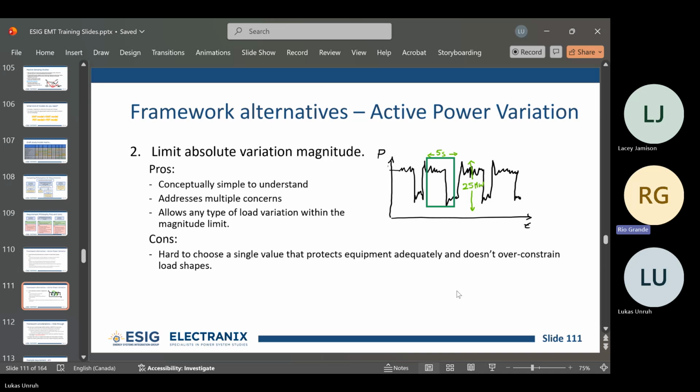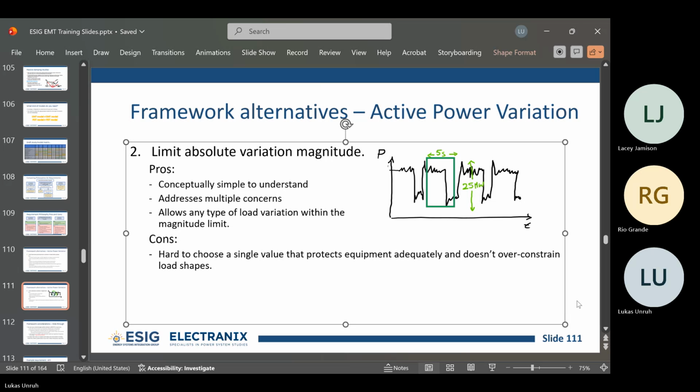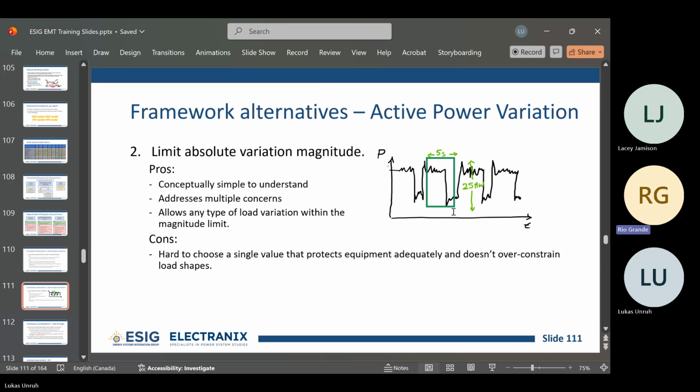So it's easier to understand and easier to enforce, but the loads may not be as happy with you because it's more restrictive on the total output, a little less nuanced, and potentially more limiting on them compared to the other option. And it might be difficult to come up with this 25 megawatt number.